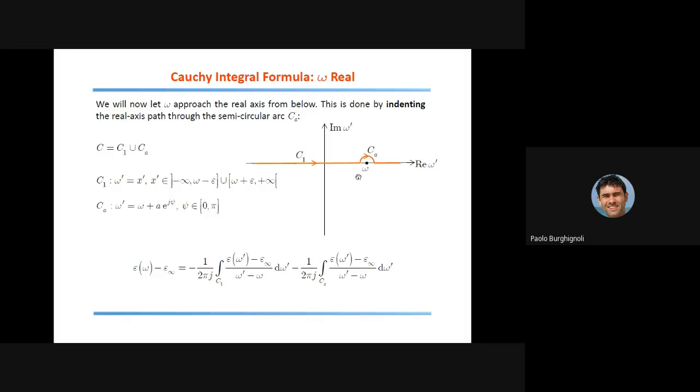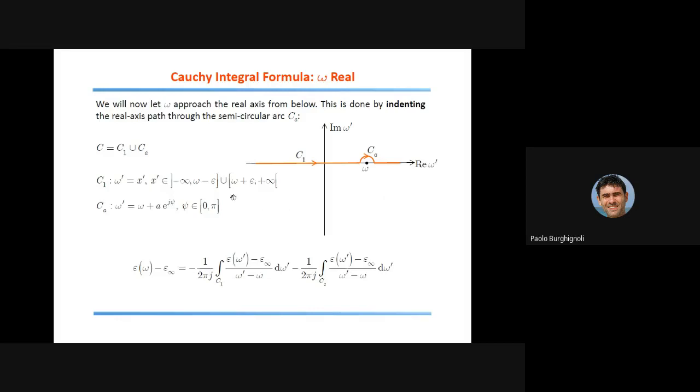Of course, now we have to evaluate this in the limit when the radius A tends to 0. So we start with this expression for epsilon of omega minus epsilon infinity, where now omega is real, which is the sum of two contributions. One is the contribution from C1, which is now the entire real axis minus a small interval around the point omega.